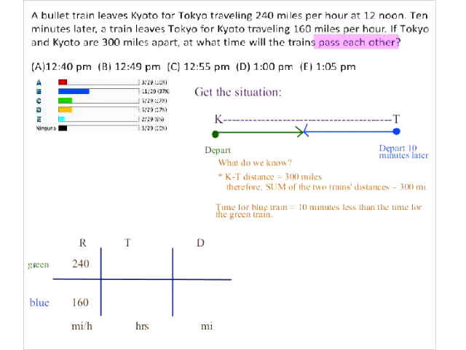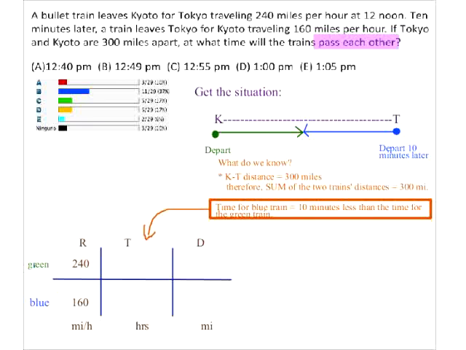Someone give me some time variables. You can use t. Can you use t and t plus 10? Aha, t and t plus 1/6. Watch for conversions.